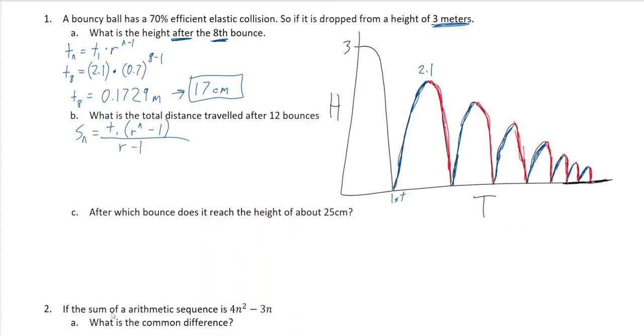So that's our formula. Then we get Sn equals T1, which is 2.1, and the rate 0.7, but we're doing 12 bounces, so n is 12, minus 1, and then the rate is 0.7 minus 1.